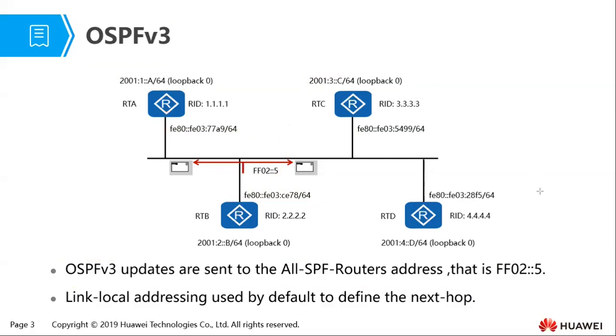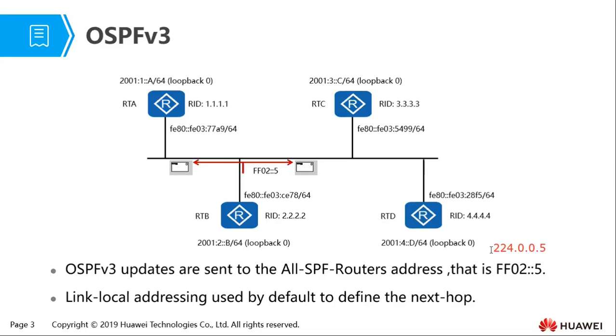This IPv6 address is not very different from the one used in IPv4. Remember, in IPv4, for the all routers multicast address, we use 224.0.0.5. They almost look similar because they both end with 5. All routers listen for OSPF packets on FF02::5.